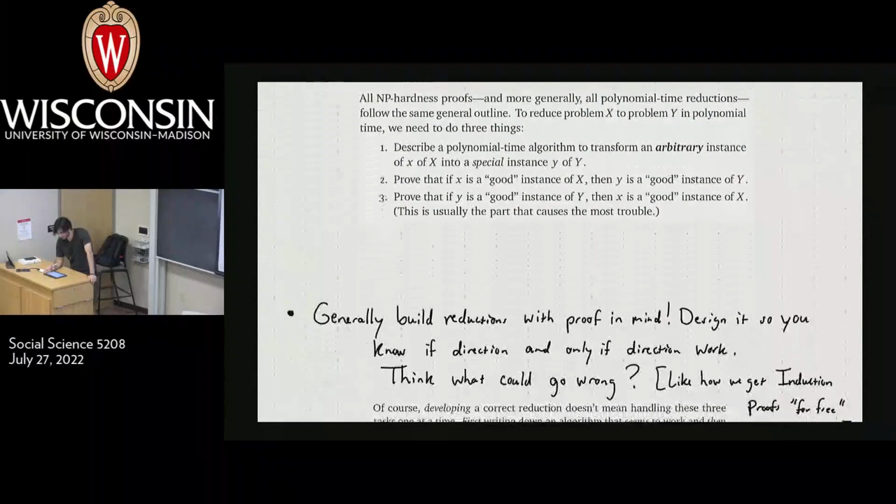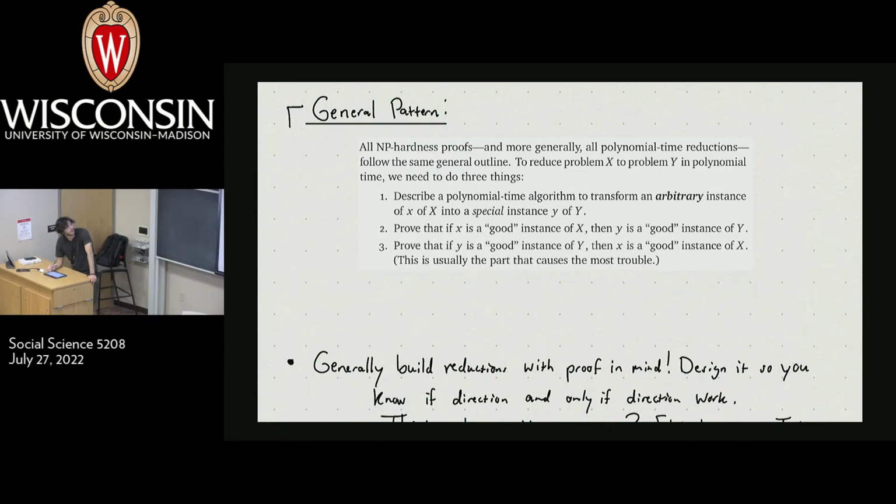So the general pattern, I'll just go through really quickly, because all of these proofs are basically the same, is when we reduce a problem x to a problem y, we need to do three things. Find a poly-time algorithm that transforms an arbitrary instance of x into a special instance of y.